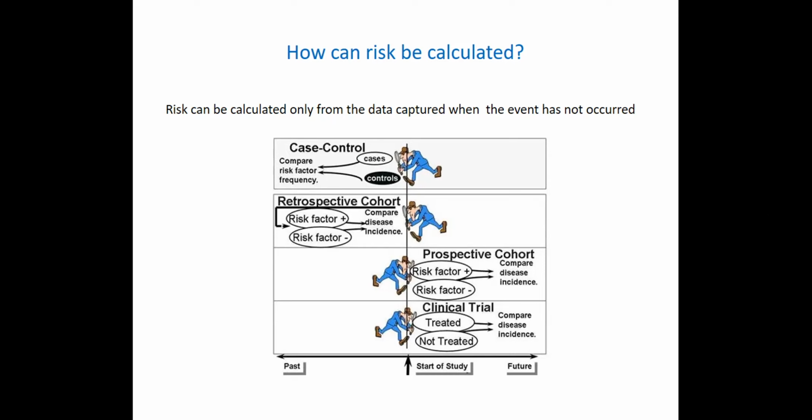If you analyze it like that, it's a cohort study in the sense that you start with exposure in the past, and the disease also occurred later in the past. But it's retrospective because both the exposure and the outcome data are captured by looking backward. That's why it is still a cohort study, but a retrospective cohort.